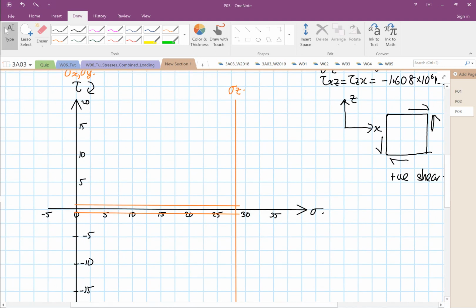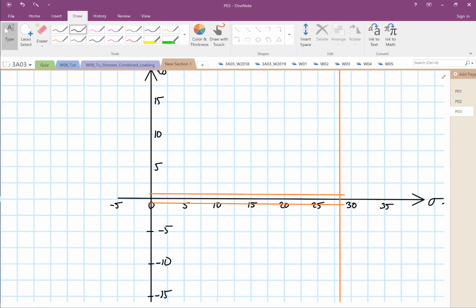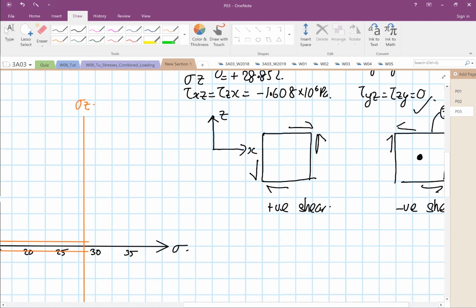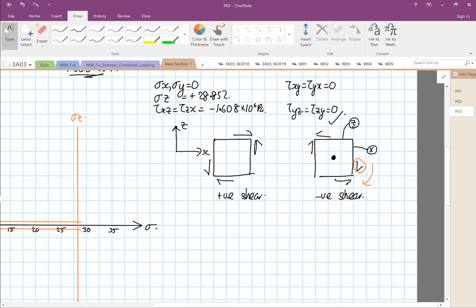So clockwise direction means stress X, this point over here, this is our point X. And then if you look at the Z, which is on the stress Z line, you look at this arrow over here, you fix the center point. So this center point, I'm going to draw it fixed.